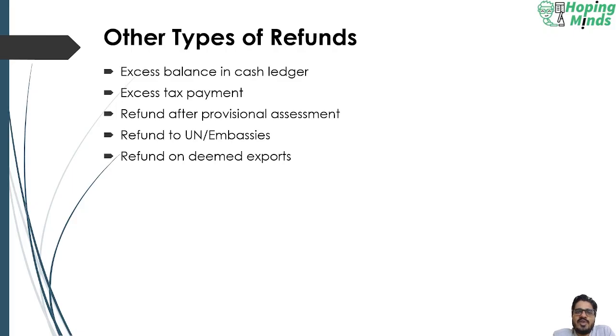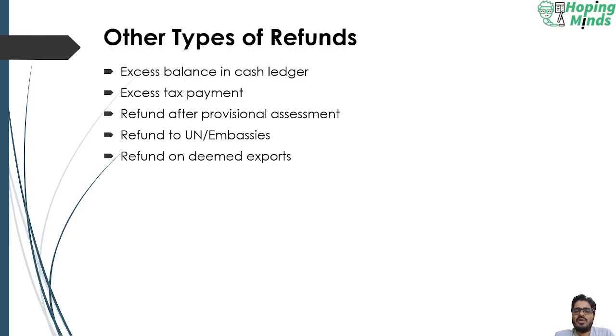So what are the other types of refunds? Excess balance in cash ledger. It arises due to payment errors or excess challans paid by the taxpayer. Then excess payment of tax, for instance, wrong head selected such as CGST, SGST instead of IGST or vice versa.